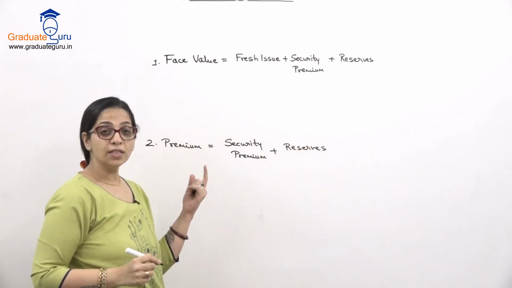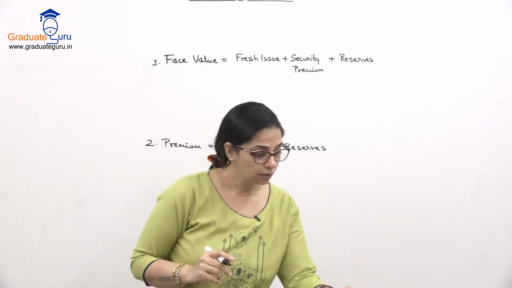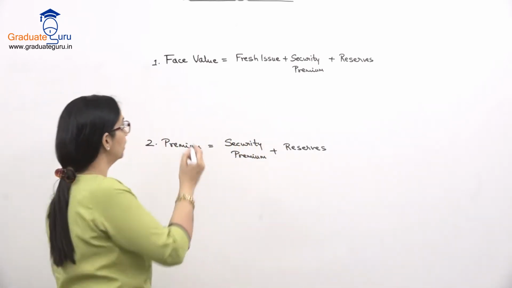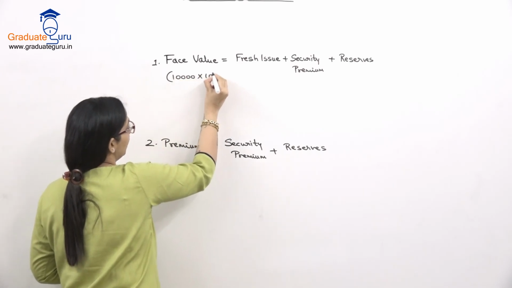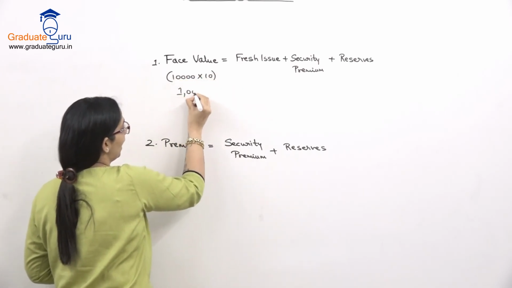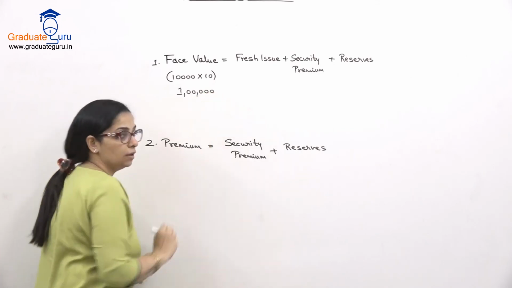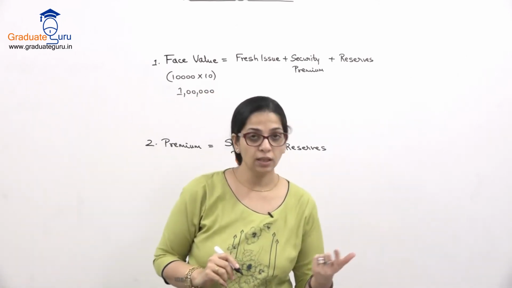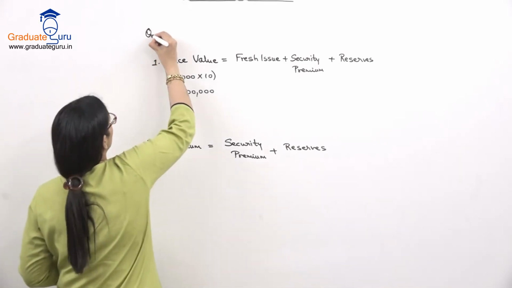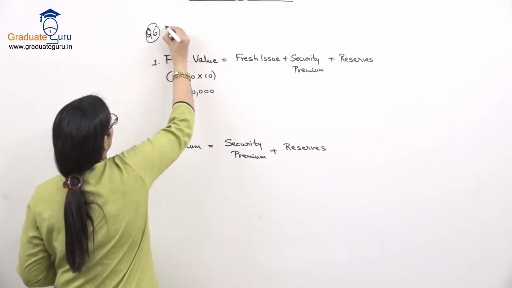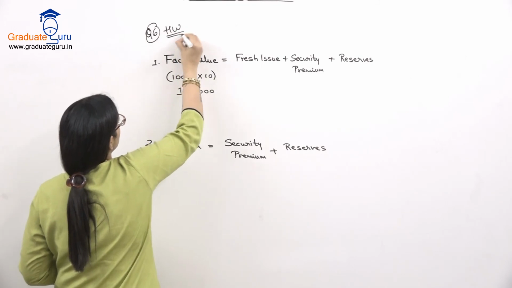Okay? Face value कितना दिया हुआ है? They've said 10,000 shares of 10 each. So 10,000 into 10. ये हो गया 1 lakh, right? And premium कितना बोला है? 20%. So what we are doing is question 6 homework.